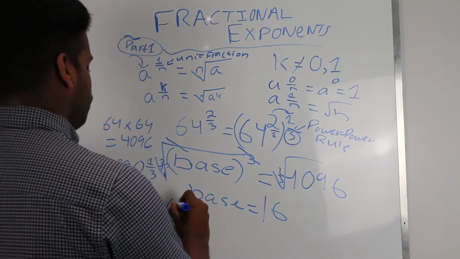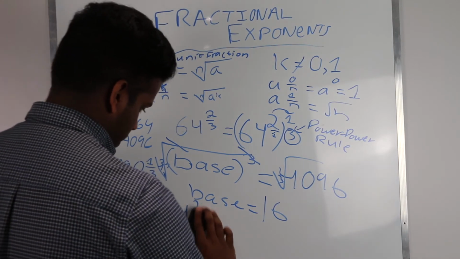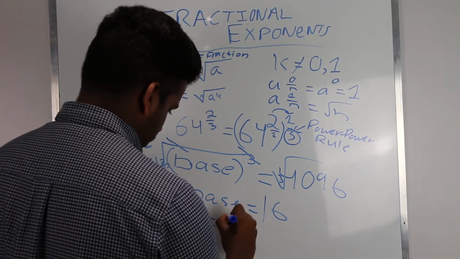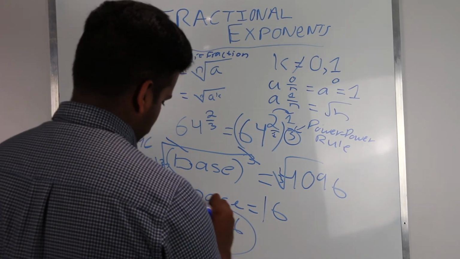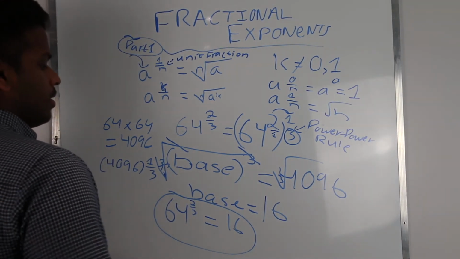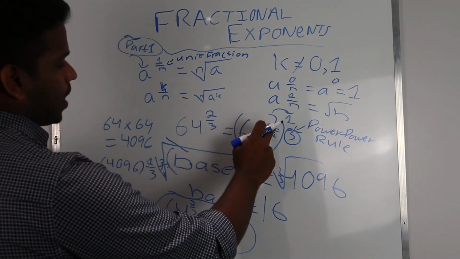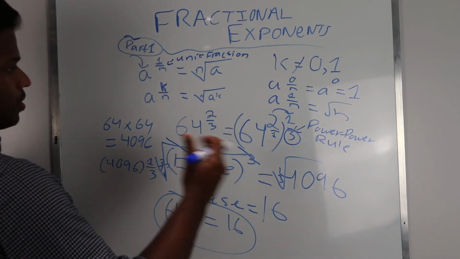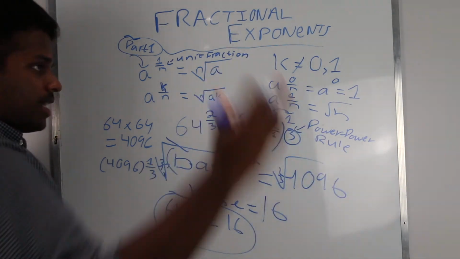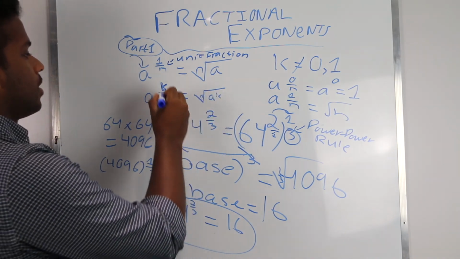Therefore, 64 to the power of 2/3 equals 16. So based on solving all this, for complicated fractions like 2/3 or 3/4, we take the base to the power of the numerator, and then raise that to the power of 1 over n, which is 1 over the denominator of k over n.